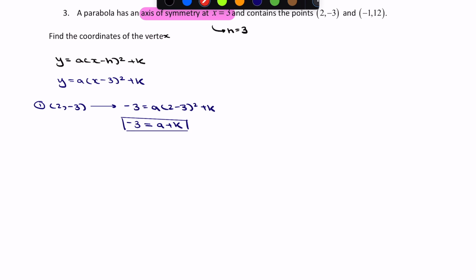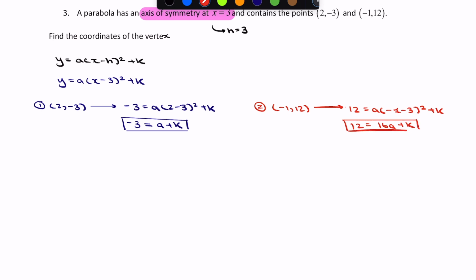Our second equation, sub in negative 1 and 12 into the equation. We get 12 is equal to a(negative 1 minus 3) squared plus k. 12 is equal to 16a plus k.